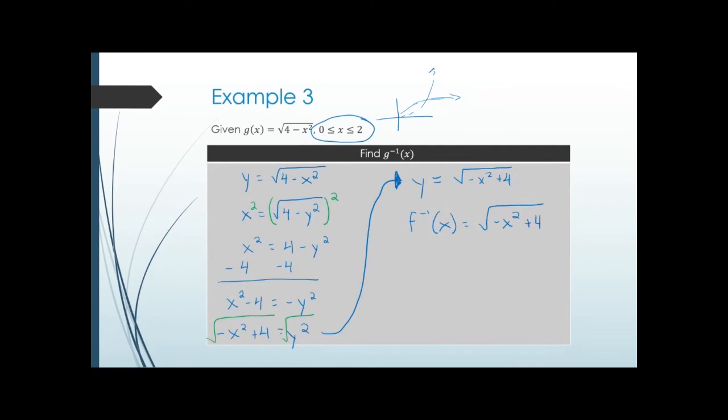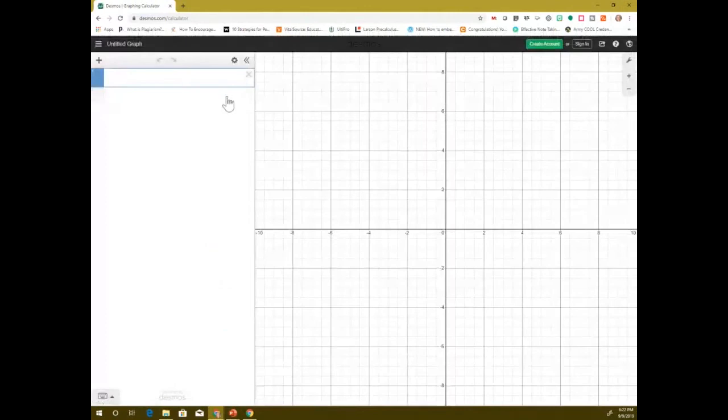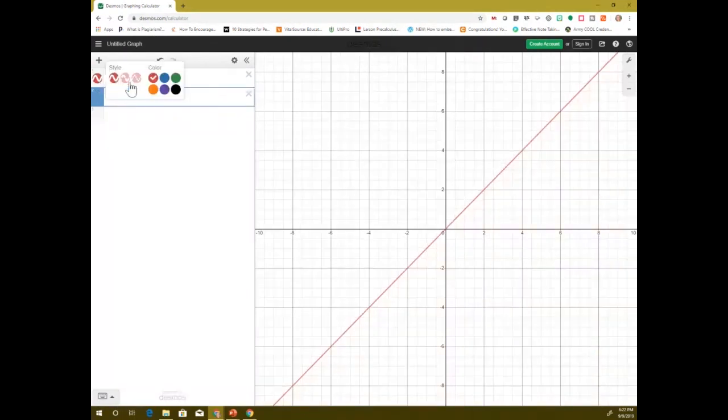So I'm going to try to bring up a graph of that so that you can see how that works. And I'm actually going to graph y equals x because that's our line of reflection for inverses. So I'm going to just make that dotted.